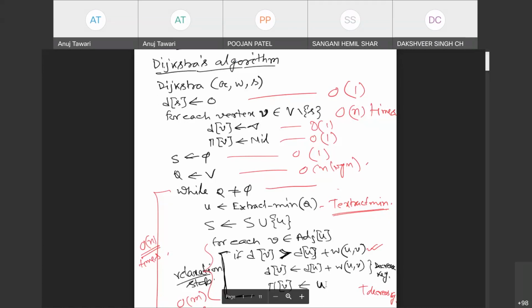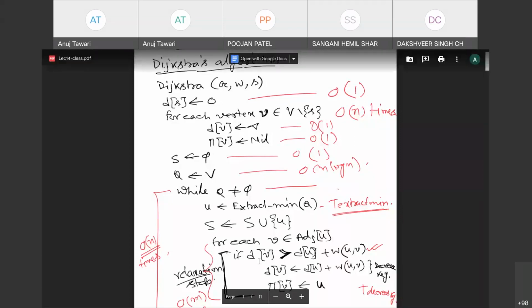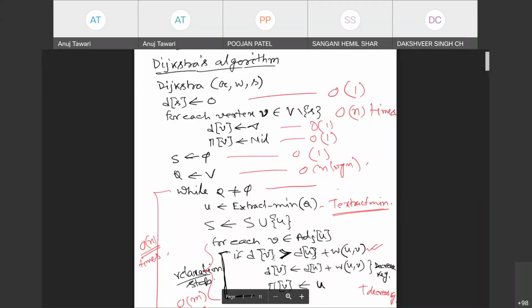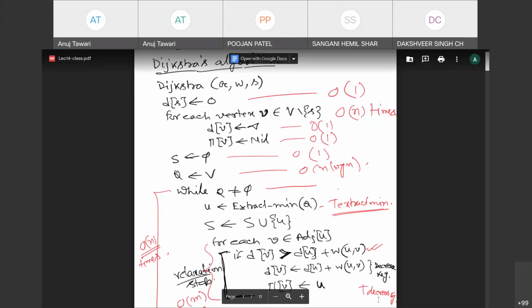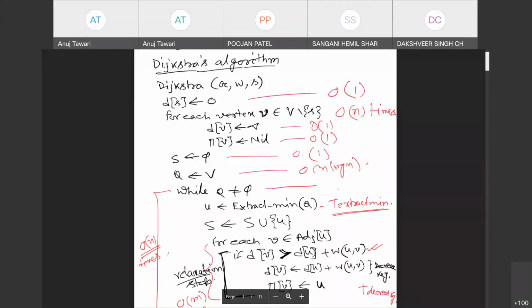That will help us output the actual path, not just the shortest path length, but the actual path. Okay. And this is the decrease key operation, right? We are decreasing dV from its initial value to this particular value. Okay. So there are mainly only two operations here, which are extract min and decrease key.